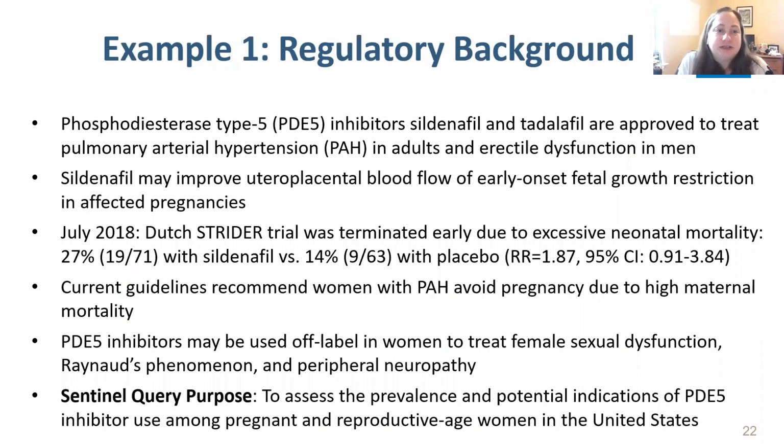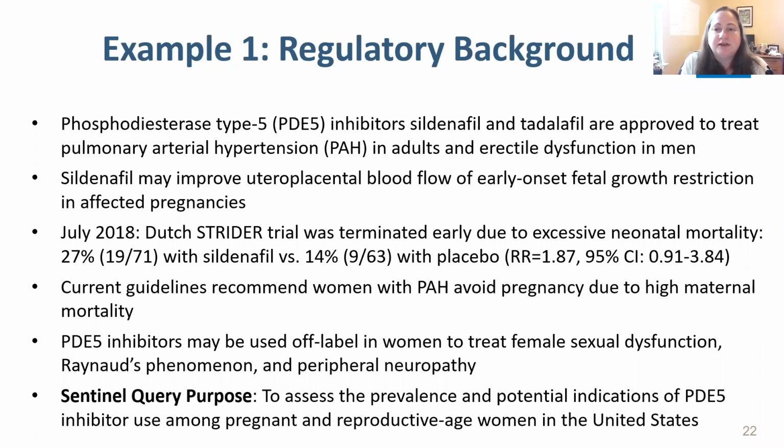Phosphodiesterase type 5, PDE5 inhibitors, sildenafil, tadalafil, are approved to treat pulmonary arterial hypertension and erectile dysfunction specifically. The thinking in terms of the mechanism of action is it may improve uteroplacental blood flow and early onset fetal growth restriction in affected pregnancy.